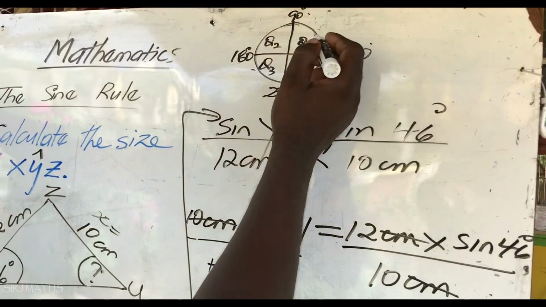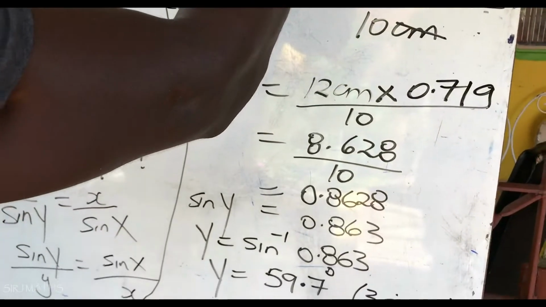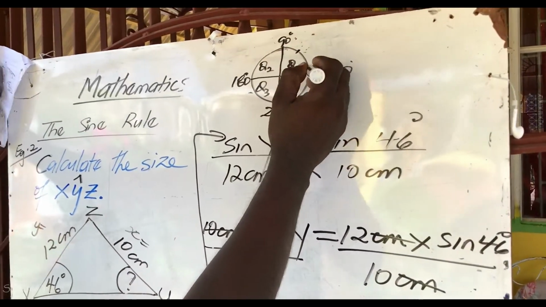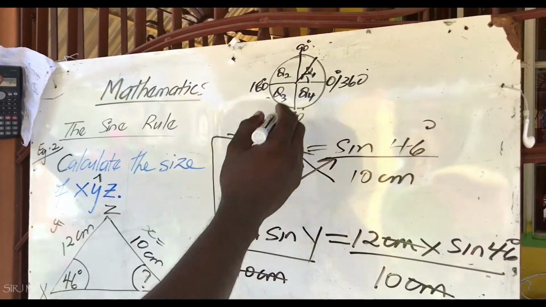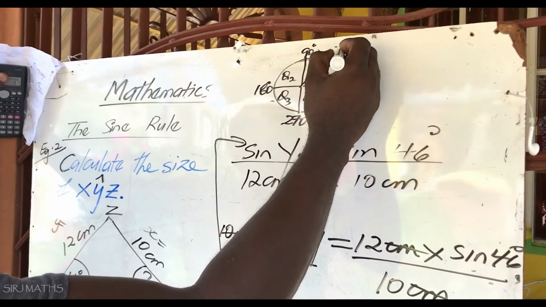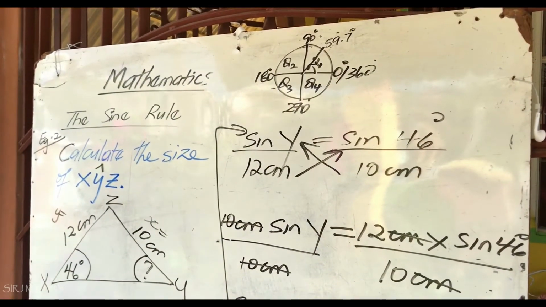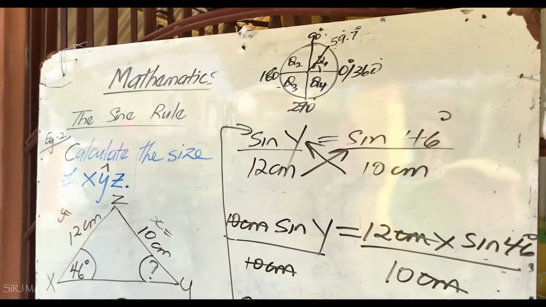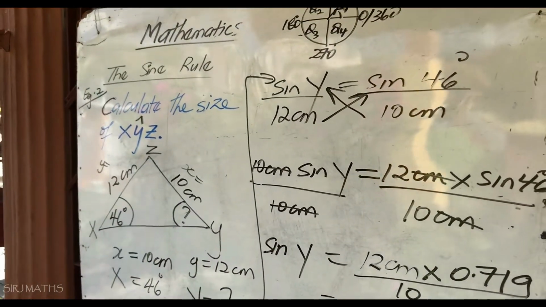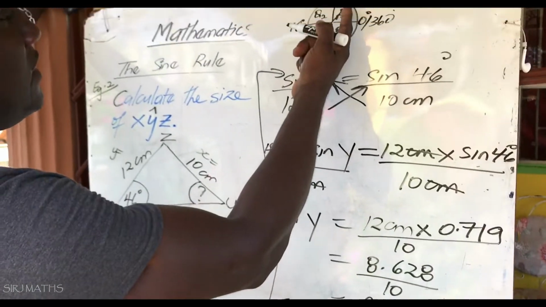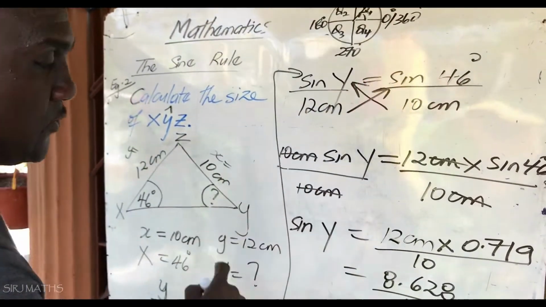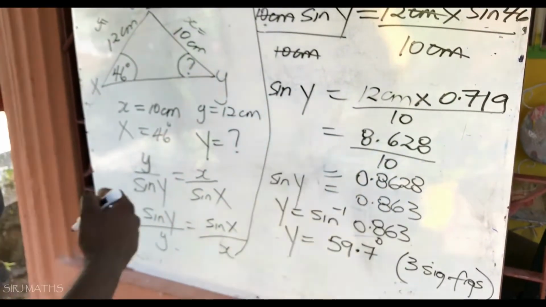Now, 59.7 degrees is actually found in quadrant 1. But there's another angle that is possible, which lies in quadrant 2, that can also have a ratio of 0.863.